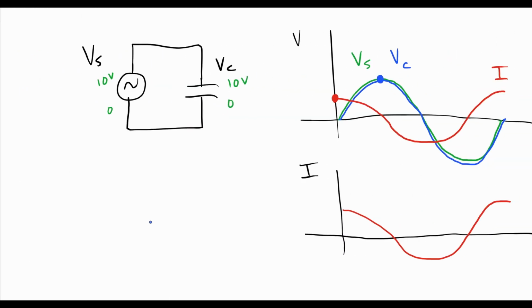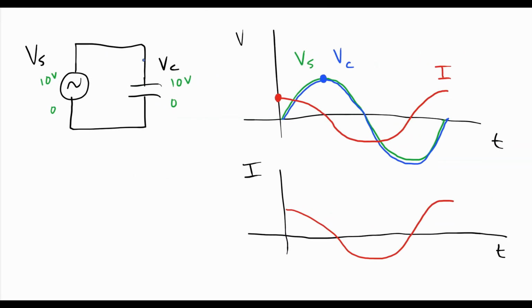If I was drawing the phasor diagrams for this, we would just see that the voltage of your capacitor would point down. So you've got your voltage of your capacitor and your voltage of your source.